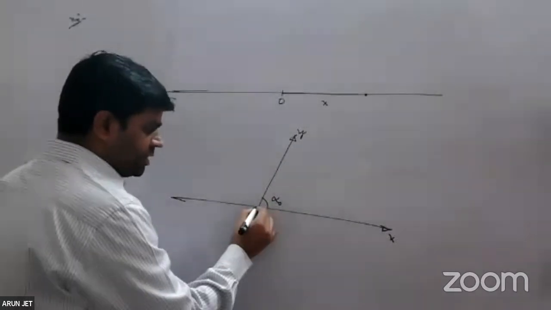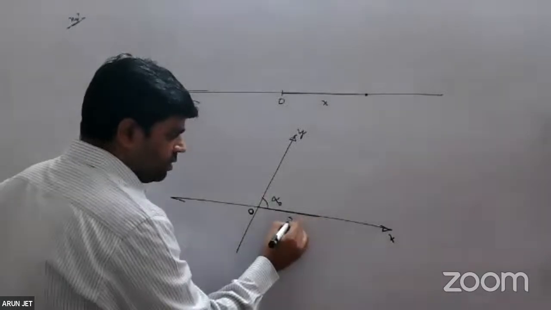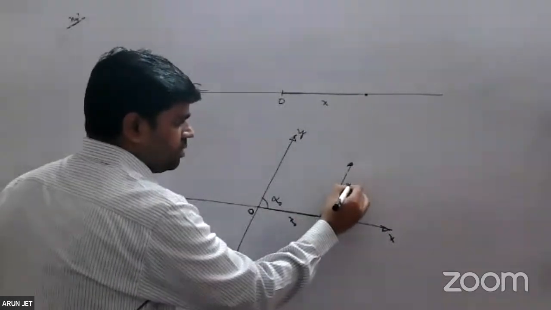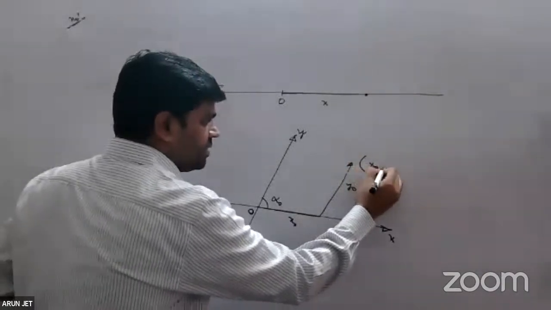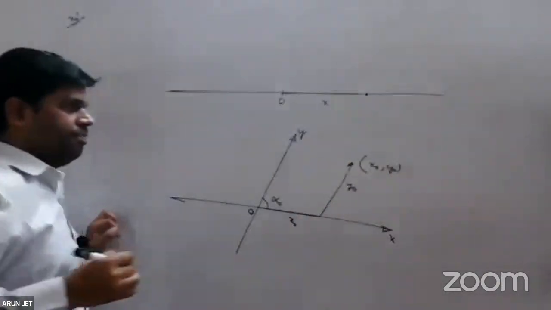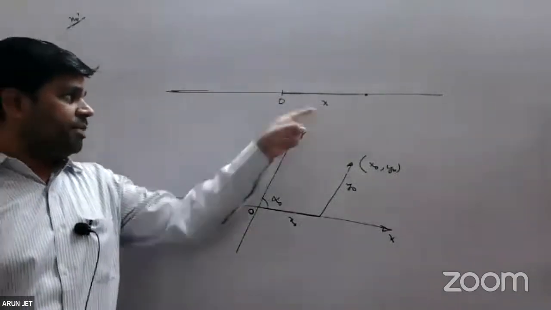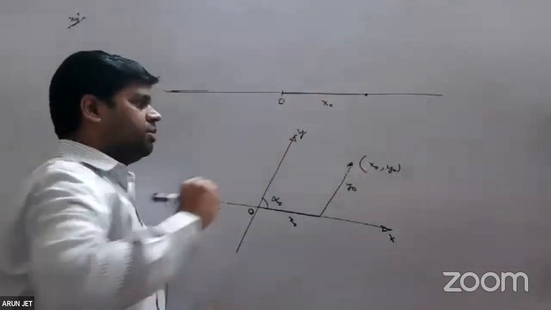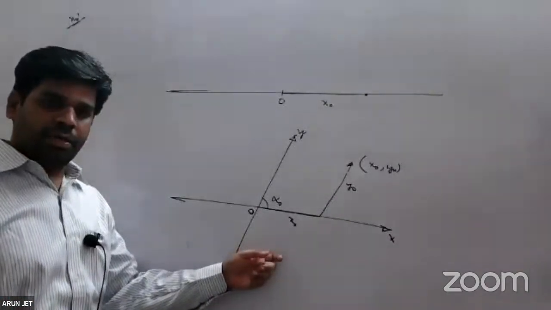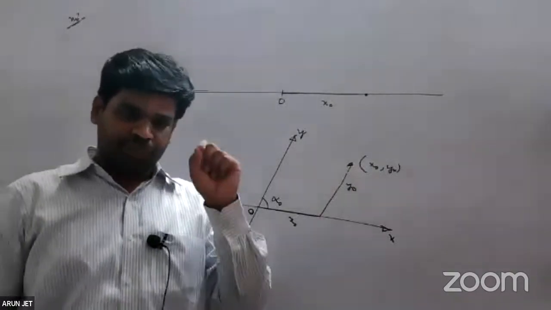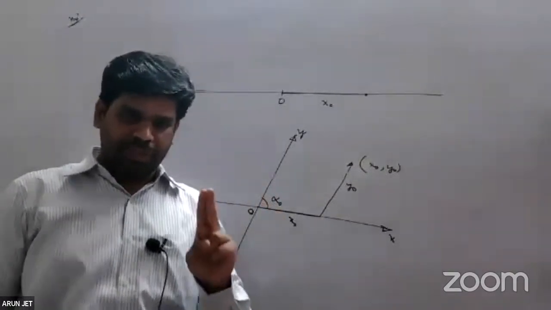I need two numbers: distance from origin as x naught and distance parallel to y as y naught, and the number is represented as x naught comma y naught. All right. So for a one-dimensional line, I need one number. For a two-dimensional plane, I need two numbers to spot a point. To precisely spot a point, to pick a point, I need two numbers.